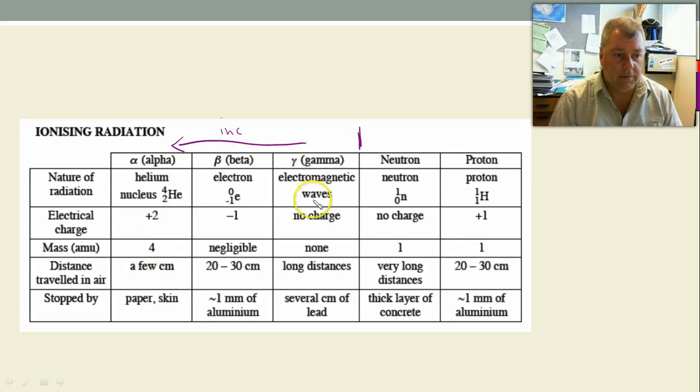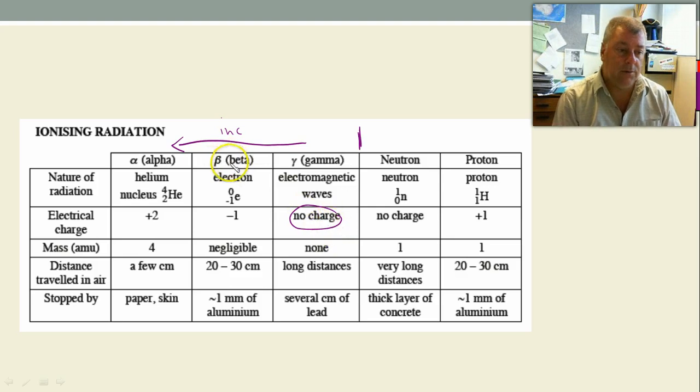Well, gamma is not very ionizing because it has no charge, and even though it's traveling very, very fast, it doesn't really interact with things. It can get absorbed by things and cause some changes, but it doesn't really cause ionization. In some cases it does, but most of the gamma rays interact with you in a different way from ionization.